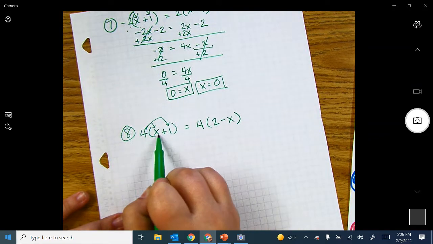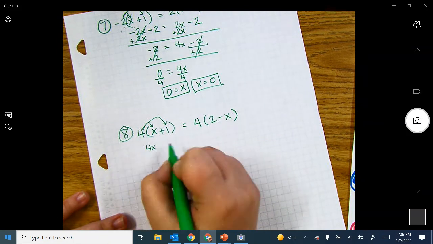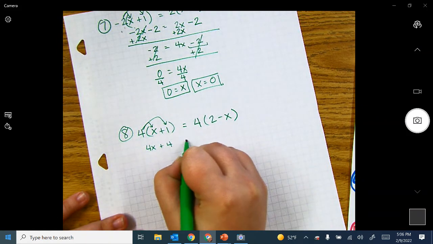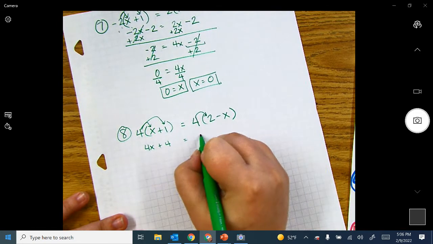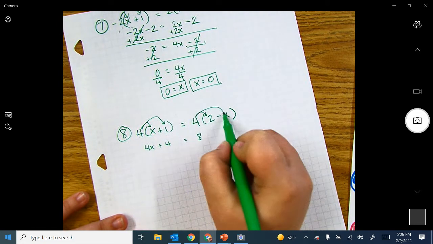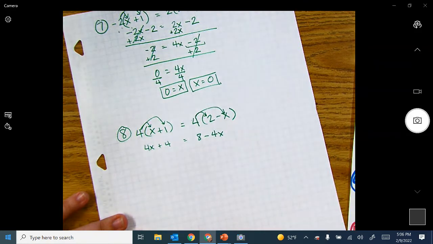So 4 times x is 4x. Positive 4 times positive 1 is just 4. Over here on the right, I have 4 times 2, which is 8. And then 4 times -x, which is -4x. Okay, so that was step 1.